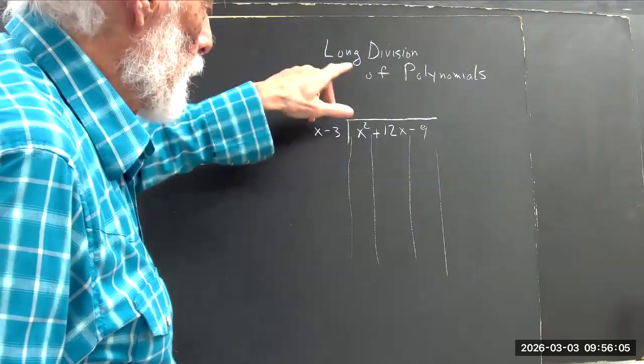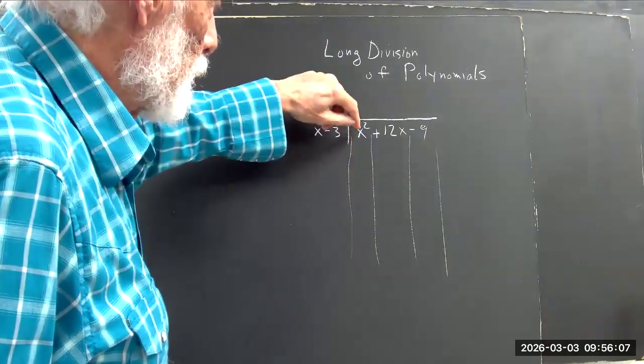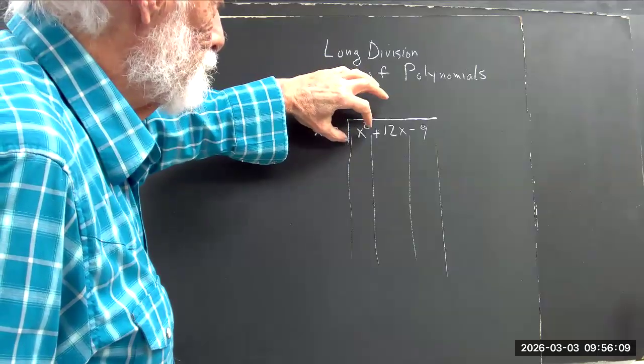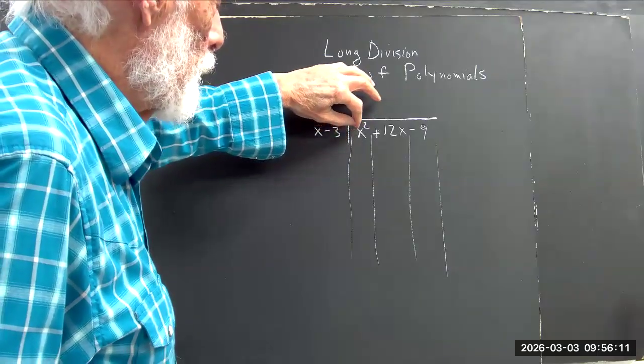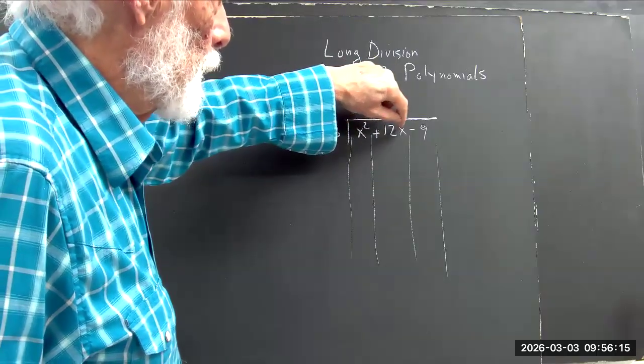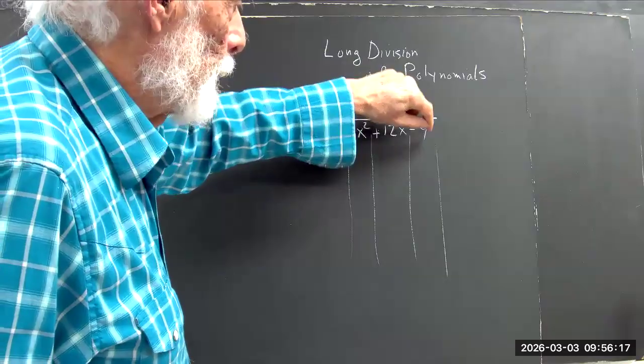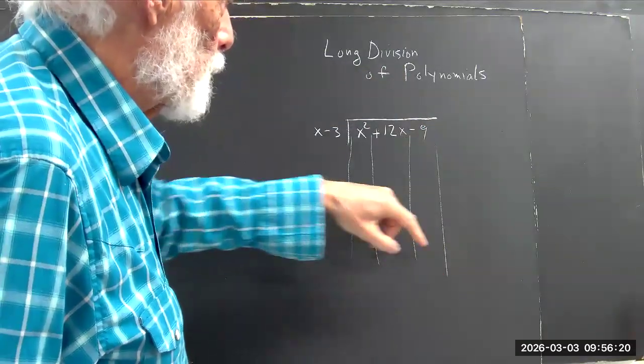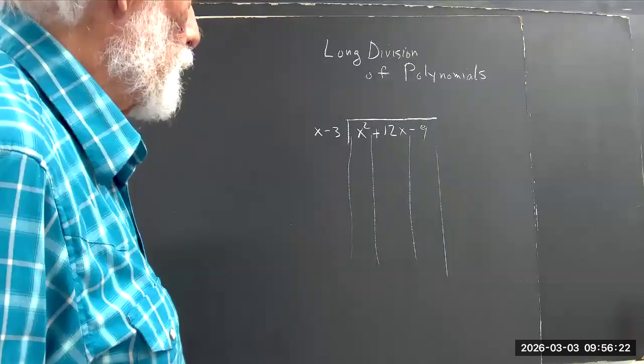Below x squared, I've got a couple of light lines: a line between x squared and plus 12x, between 12x and minus 9, and then to the right of minus 9 and to the left of x squared.